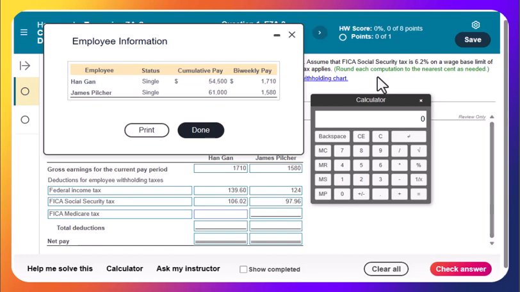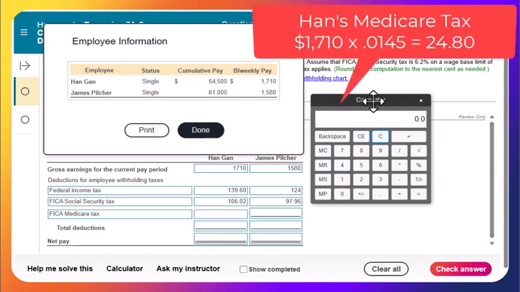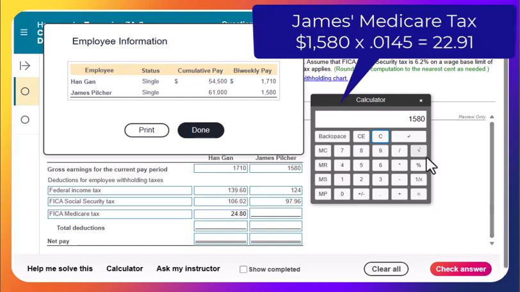So it is a 1.45% rate. So let's go ahead and input in our calculator here 1710 times 0.0145 for Han's Medicare, and that we will round to 24.80. We can go ahead and clear out then and move on to James, and his will be 1580 multiplied by that 0.0145, so 1.45%, and that will equal 22.91, and we can go ahead and enter that here.